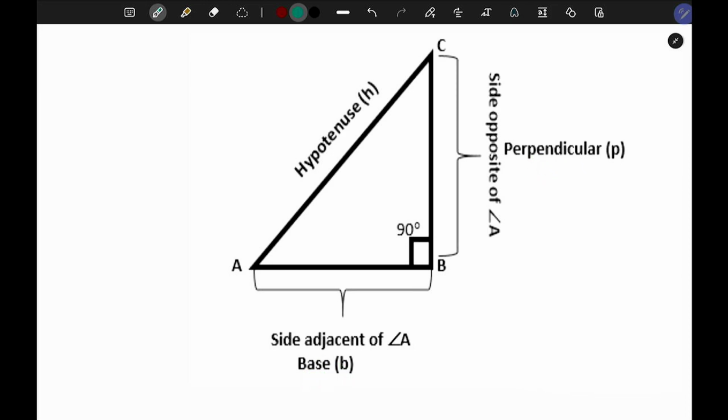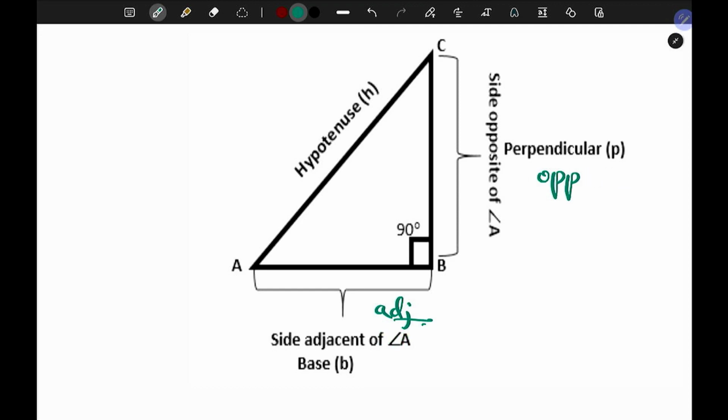All right. And some in other books or teachers, they also call these sides opposite and adjacent. Alright, so why do we call this opposite or adjacent?